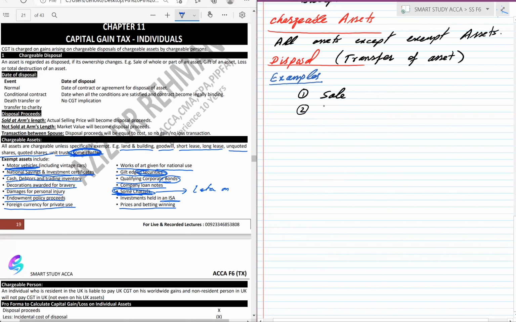Number two, gift. If you gift an asset, once again, the ownership of the asset has transferred. So it will be considered as disposal, but we will learn in a while how to calculate profit in that case. That is basically part of our next topics.